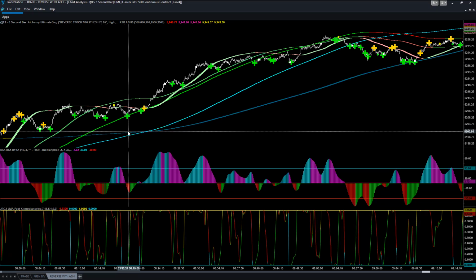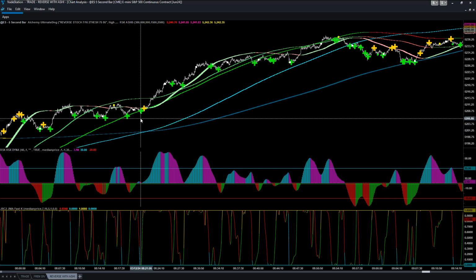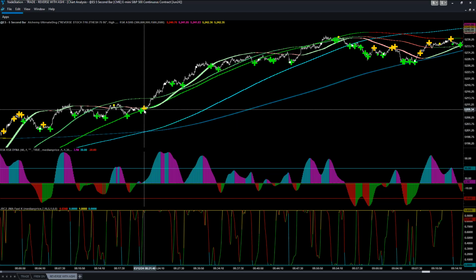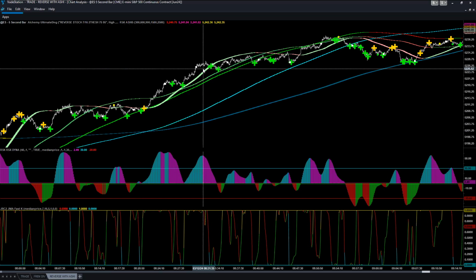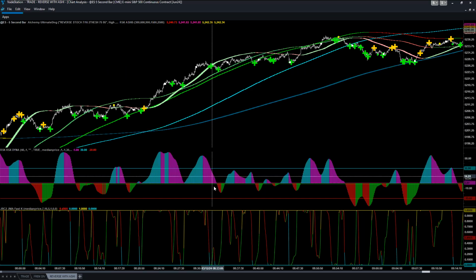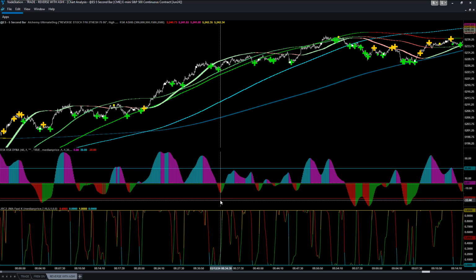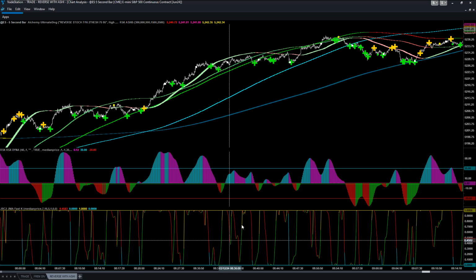Okay, right in there, and certainly right there. You don't want to short this thing. Why would you do that? The RSX is moving up as well as all of the ASHIs. Okay, here's a trade you don't want to take. The RSX is moving down. But as soon as it's moving up, okay, now we're all right.